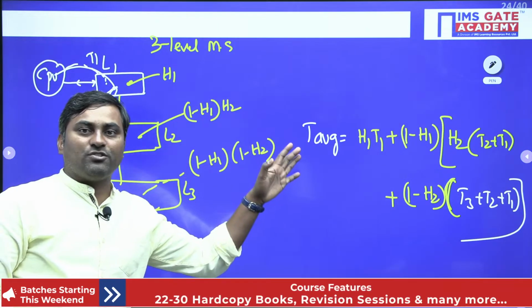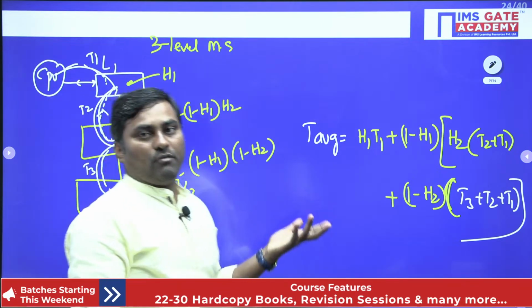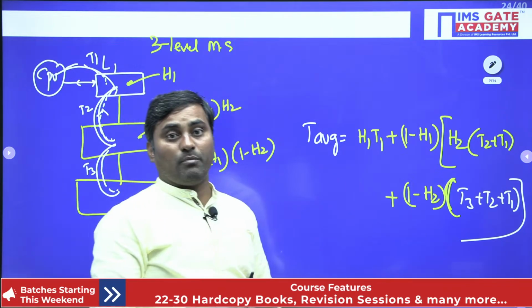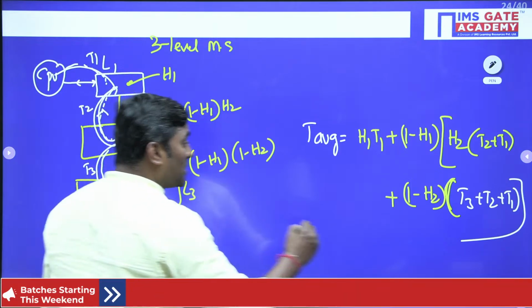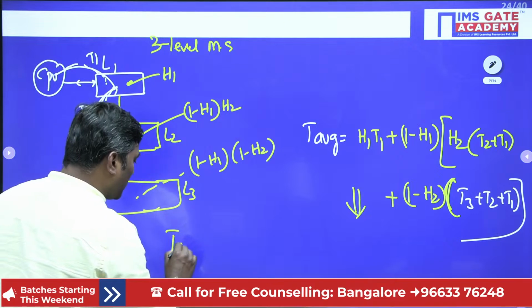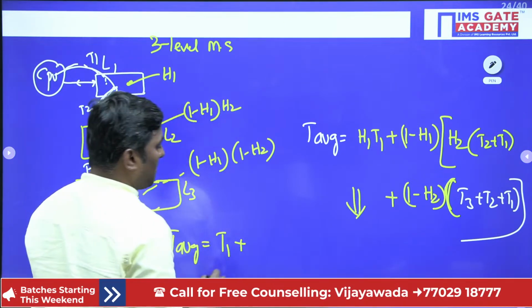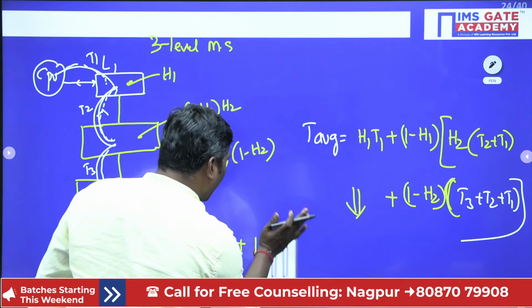So this expression is for a 3-level memory system connected level by level. I hope you understand. Mathematically, if you simplify, you will get this: T average equals T1 plus, if a miss occurs in level 1, 1 minus H1, right?